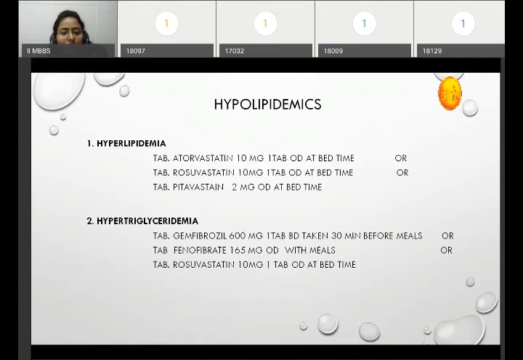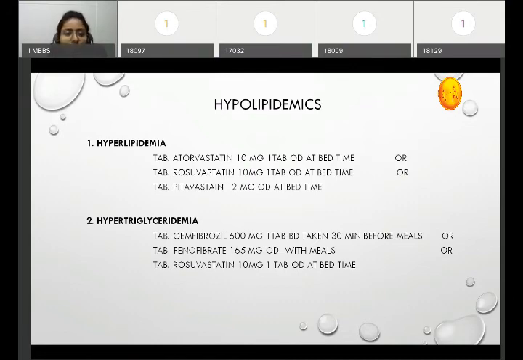Then we see that doses of atorvastatin and rosuvastatin are different. Dose of atorva is 10 to 40 milligram per day, while for rosuva it is 5 to 20 milligram per day. And for pitava, it is 1 to 4 milligram per day only. Okay. So these are the standard doses. Among these, you have to choose according to the patient.